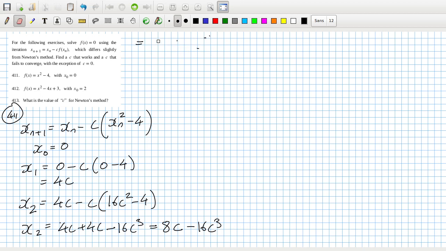I think that's enough to at least get a rough value of c. I want 8c minus 16c cubed to roughly equal the solution here, which I know is 2.